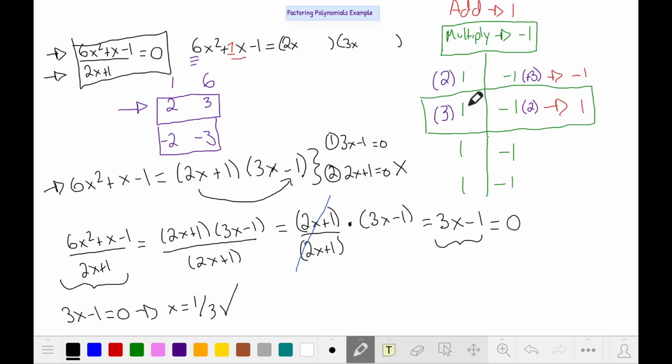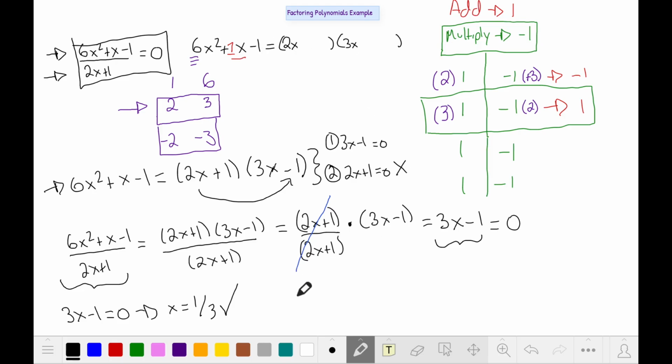So we had to do it twice because we don't know if the first purple number is going to be positive or if the other purple number is going to be positive. At the end of the day, we add a little bit of complexity, but we're still making sure that the greens multiply to that non-x term, and that the combination of purple and green gives us red, which is that 1x term in this case.